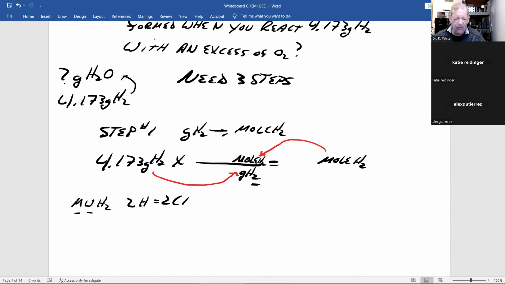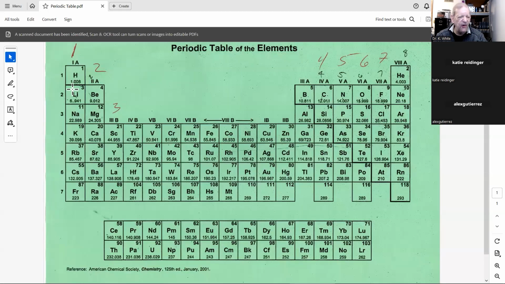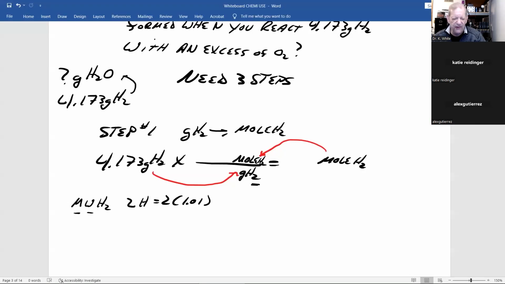And what's the atomic weight? Well, we did that earlier. Look at the periodic table, round it off to 3 significant figures. Here's hydrogen, round that off to 3 significant figures, 1.01. And if I do the math, 2.02. So for every 1 mole of hydrogen gas, H2, the molecular weight, there's 2.02 grams of hydrogen.